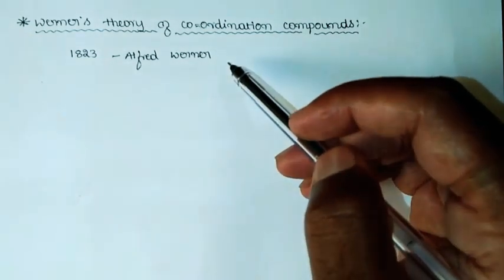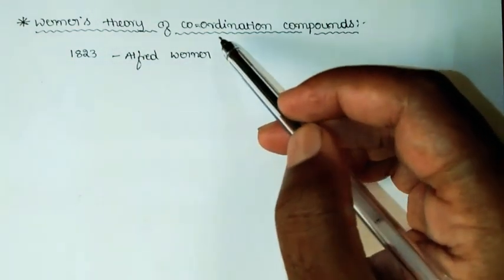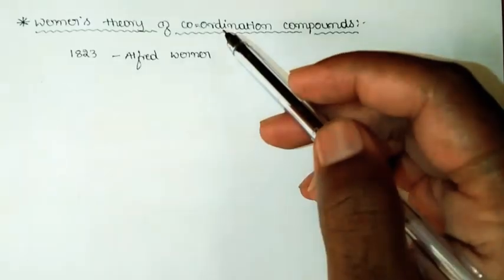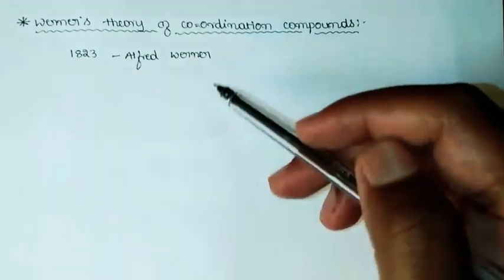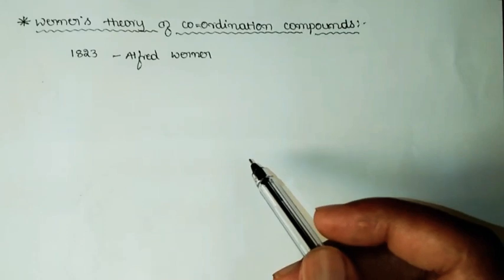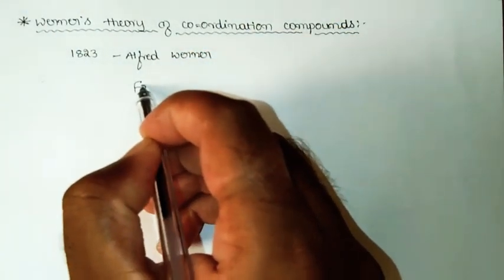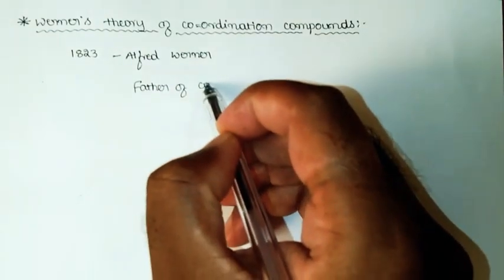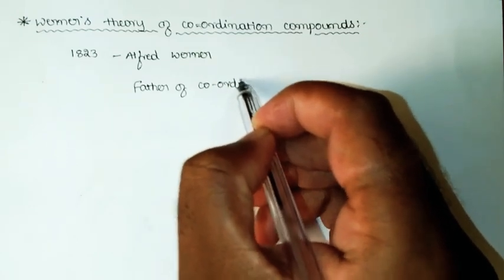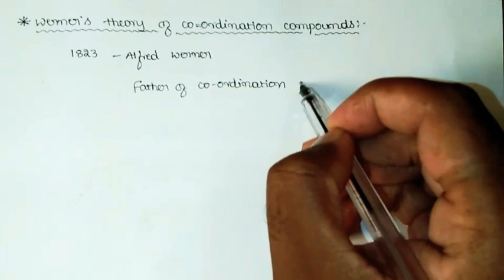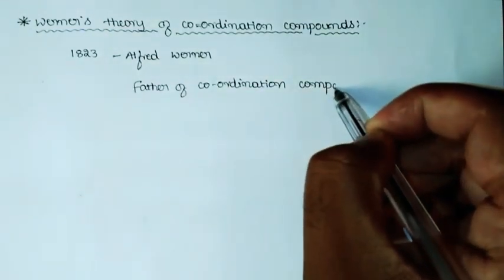And in order to honor his work on coordination compounds, Werner was awarded the Nobel Prize for the first time in the field of coordination chemistry. Because of that reason, Werner is regarded as the father of coordination chemistry. So this is the first honor given to a scientist in the field of coordination compounds.